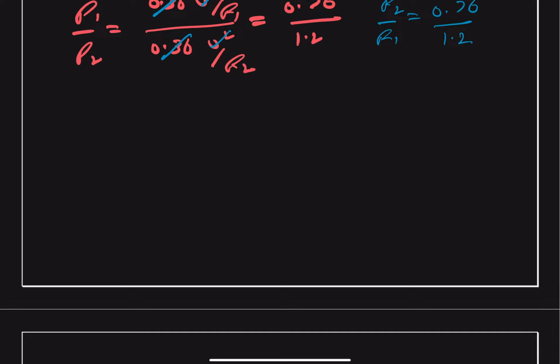We can write that R2 is equal to 0.76 divided by 1.2 times R1, which can be written as 76 divided by 120 times R1, and this comes as 19 by 30 times R1. Let us call this equation number 4.